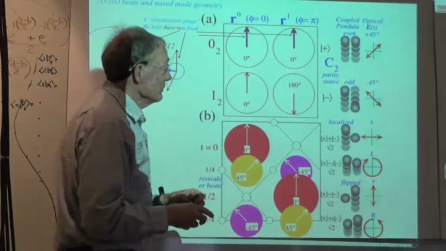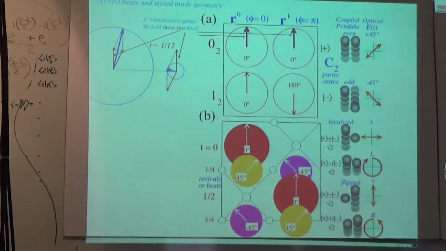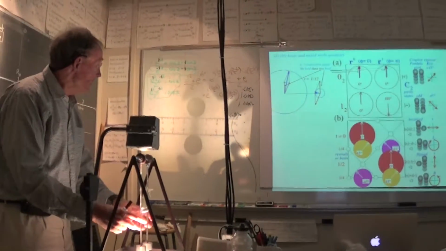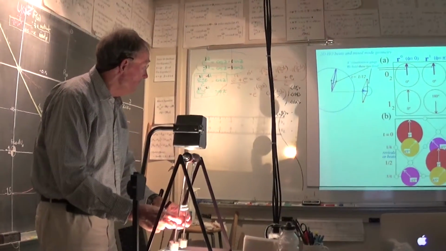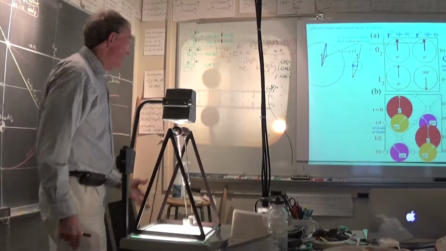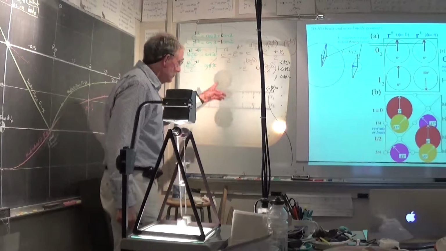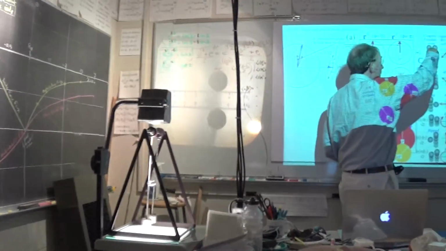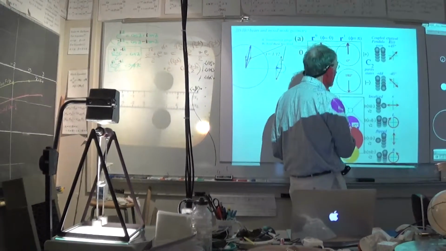One oscillation, a normal mode that is in phase, and that would be this mode right here, roughly. I got a little too much on the top and the bottom, but that's the basic idea. That would be this mode right here, okay?